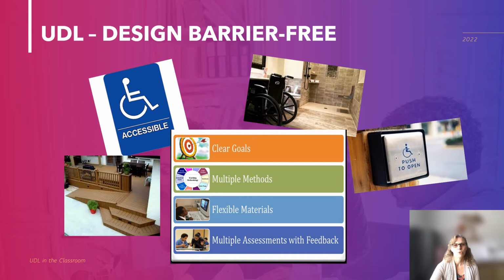Maybe the door needs to be pushed open. But all these designs that make buildings ready for handicapped people are still accessible to the people that have bodies that are functioning at 100%. So they took those same designs, except they put that universal design into curriculum.